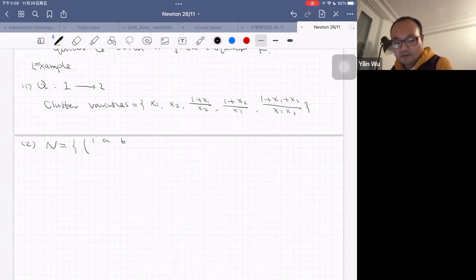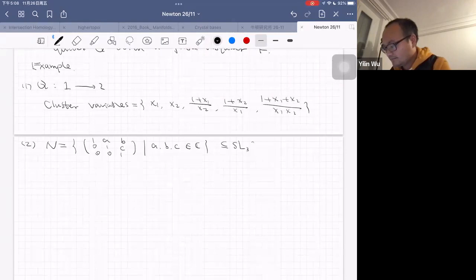Consider the unipotent matrix where A, B, C are complex numbers. This is Lie type A2.